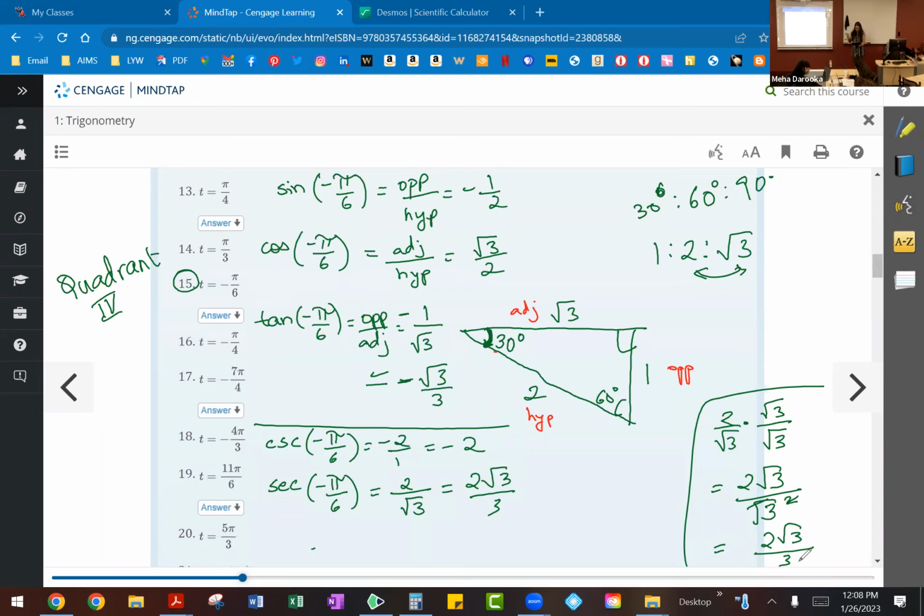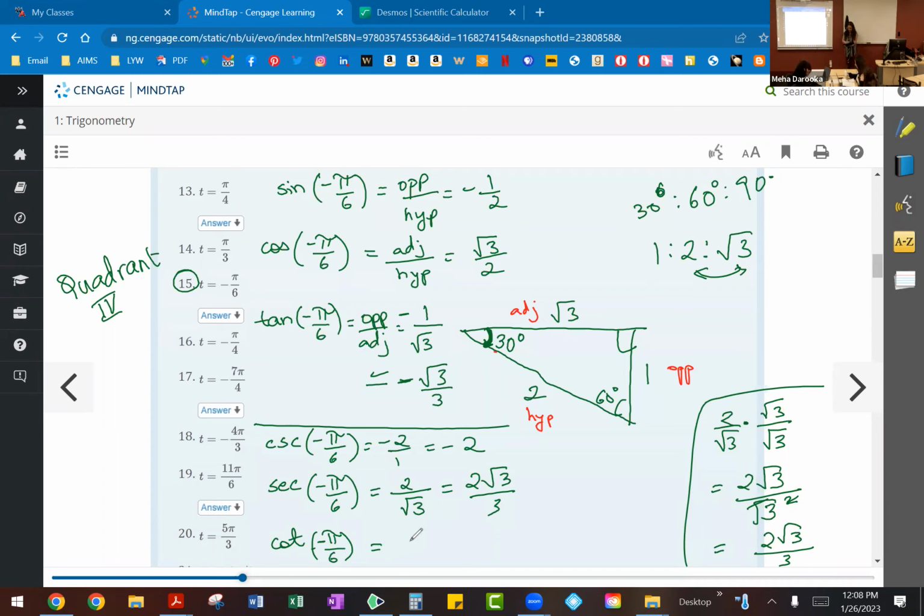All right, guys, so we've got cosecant, secant, the last one is cotangent. And what will cotangent be? Oh, yeah, that guy should stay positive. Cotangent will be the reciprocal of the tangent function. So that will give us what? It will be easier to look at the original instead of this, because this you would have to clean up. This one will be easier to work with. Negative square root of 3.